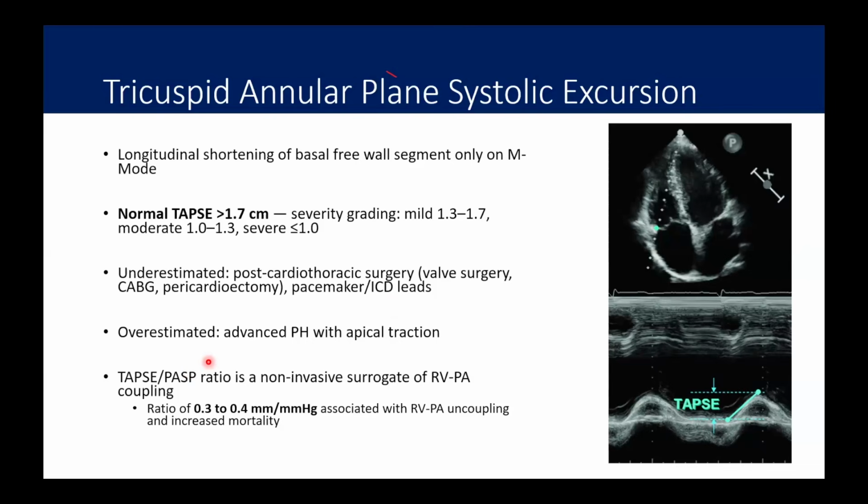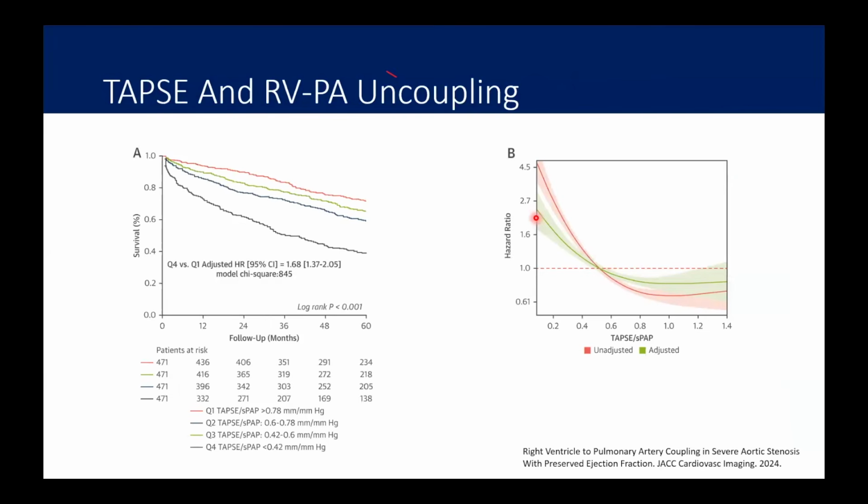And in PH, a ratio of 0.3 to 0.4 millimeters per millimeters of mercury is associated with uncoupling and increased mortality. This was a nice study by Bobot and colleagues from JACC in 2024. In this graph in A, you have survival as a function of time in patients with pulmonary hypertension, and they looked at the TAPSE to PASP ratio.